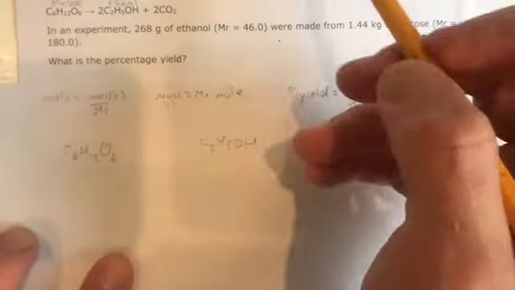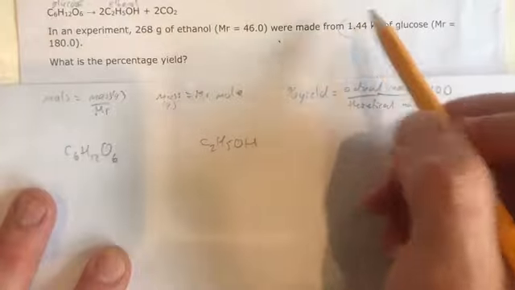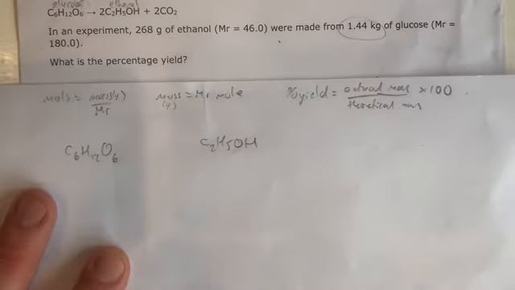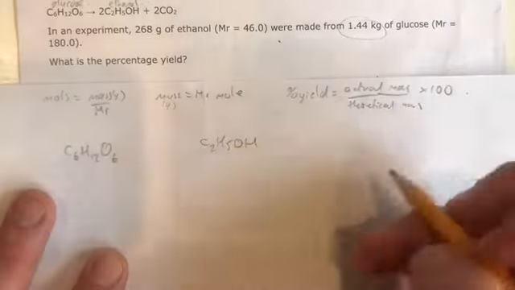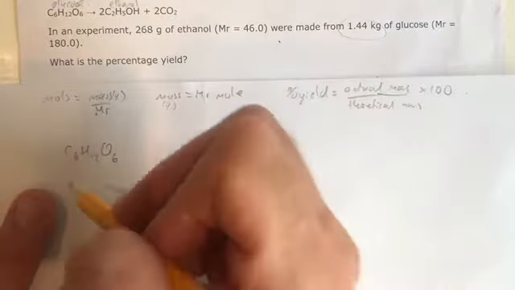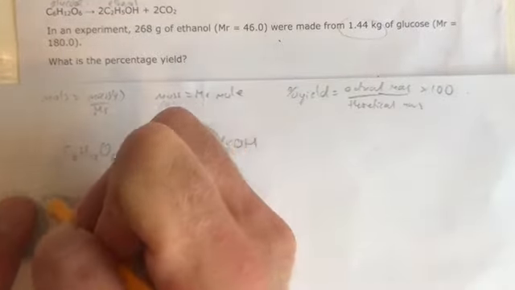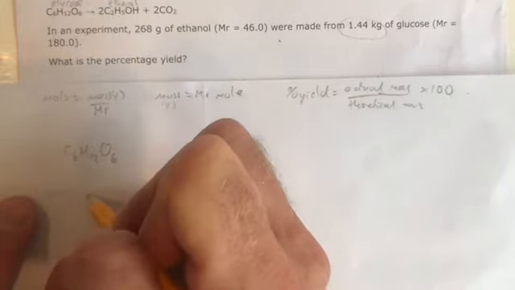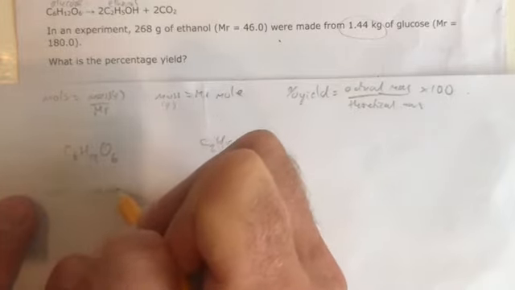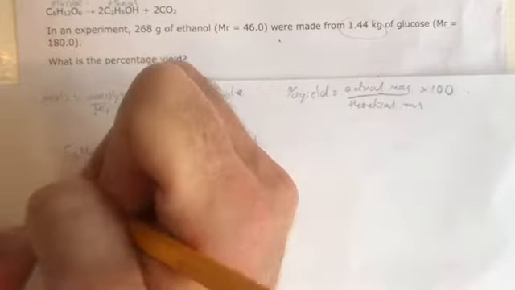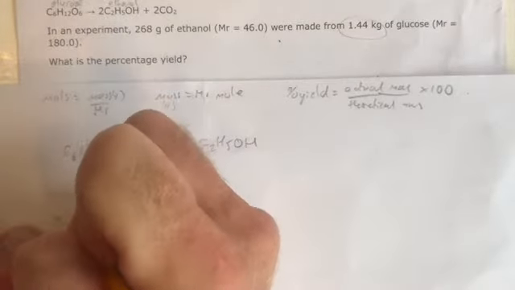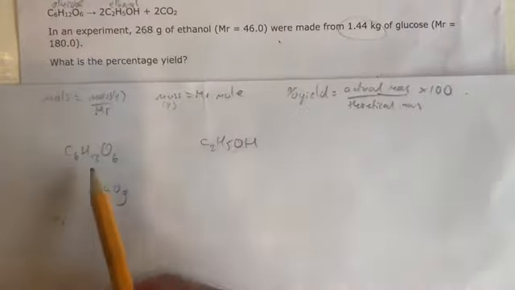So the first thing that seems sensible is to turn 1.44 into grams. You can multiply that by 1,000, and that will give you a mass equal to 1440 grams. We have been given the relative masses of these things.